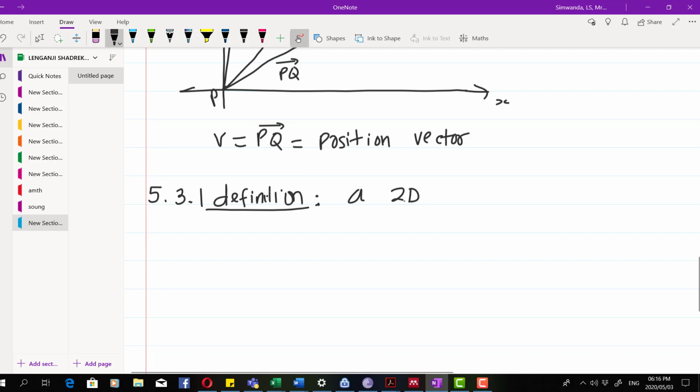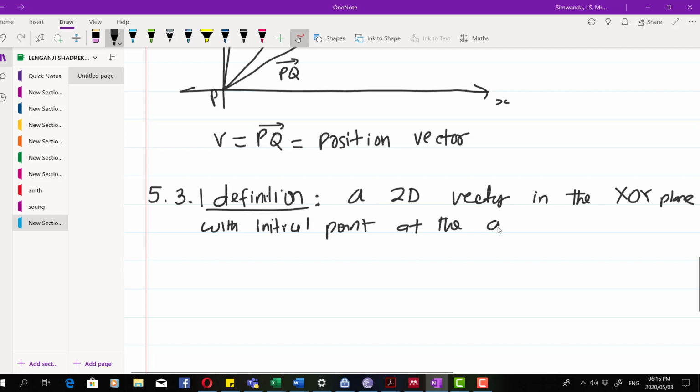So let's say we have a two-dimensional vector, a 2D vector in the xy plane, with initial point at the origin, remember, that is how we define it, and terminal point at some point.